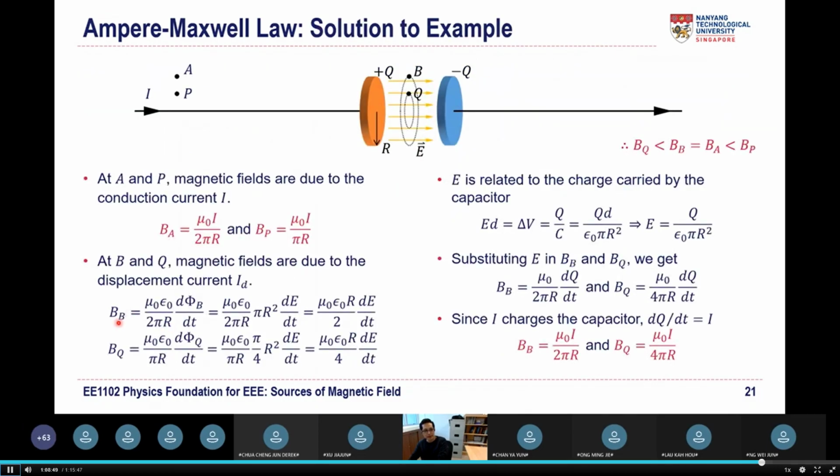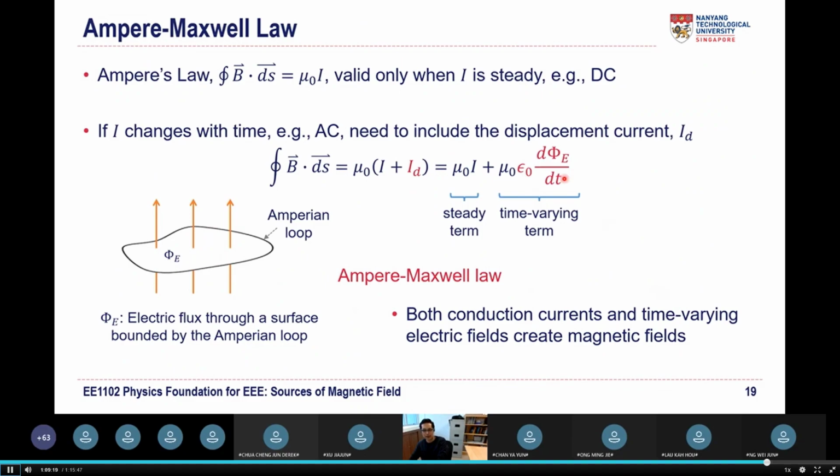So that means it's going to be 2 pi r B for the outer Amperian loop, and for the inner Amperian loop, it's going to be pi r B. Just rearranging it, we get that, and this mu naught and epsilon 0 times the electric flux is the flux going through this Amperian loop, because we can use it from this equation. That is the time varying flux that is going through the Amperian loop.